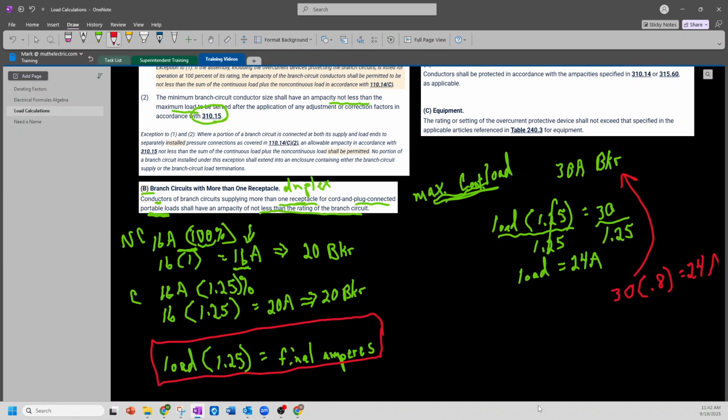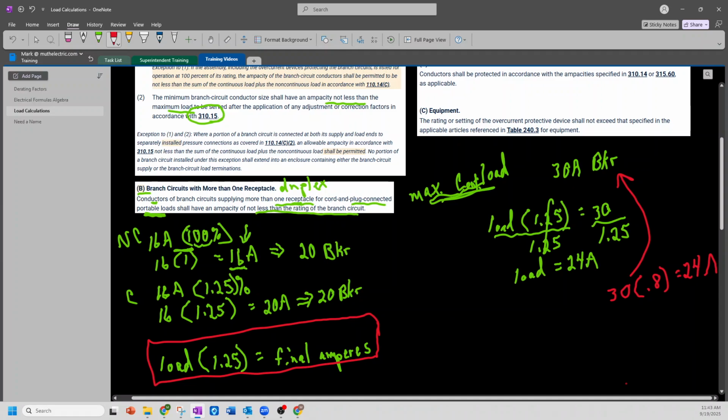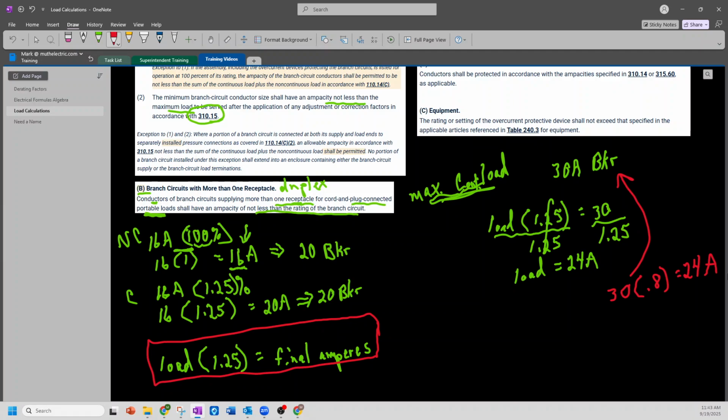So you can pick which one you want to do until you get comfortable. Until you get comfortable with this, I would not do this method. That'll just probably mess you up. When do I use 0.8? When do I use 1.25? This one here, you always use 1.25. If you can't remember this, write this in your code book.